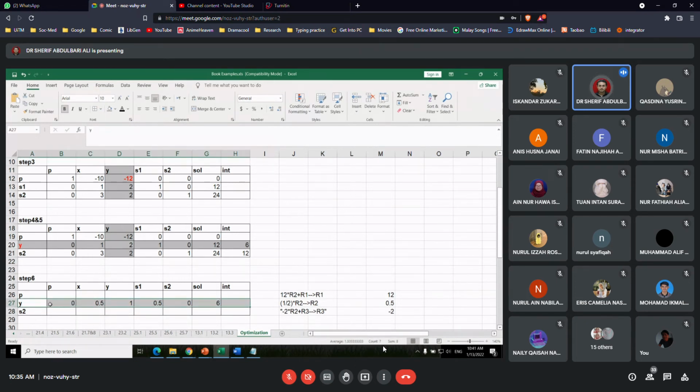My pivot row here is row number 2. If I say 12 times 1, the answer is 12, right? Plus negative 12, the answer here will be 0. If I say 12 times 0 plus 1, the answer will be 1.